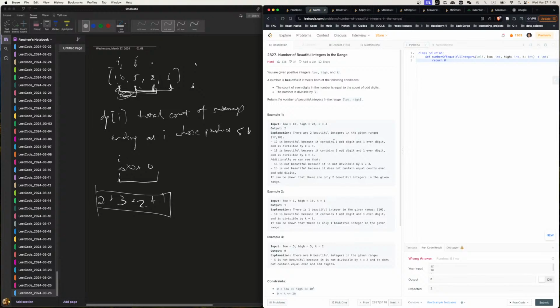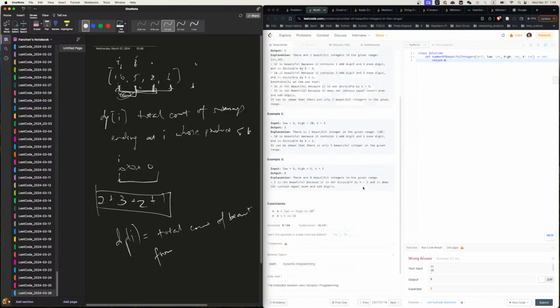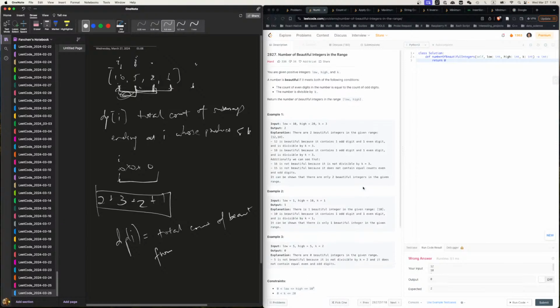Okay, we're still stuck in this one. And it says not binary search, it says DP. So which basically means, right? What they're trying to say is we'll do DP i equal to the total count of beauty from the start.